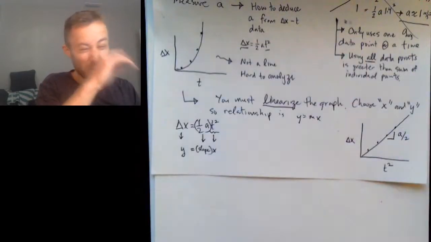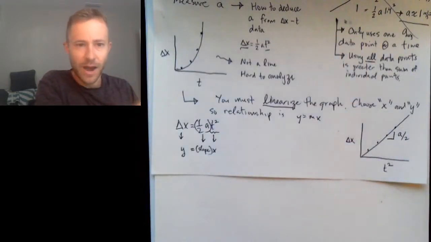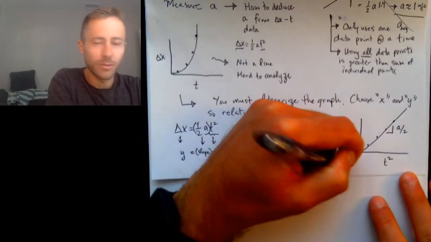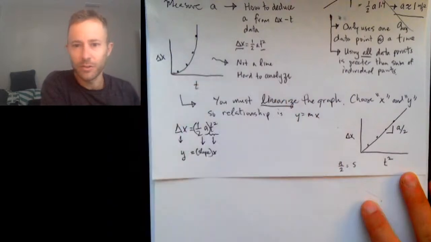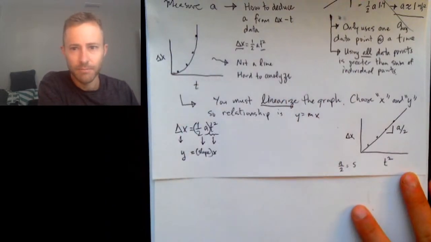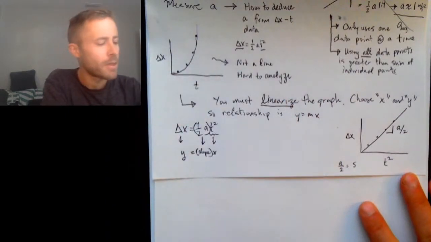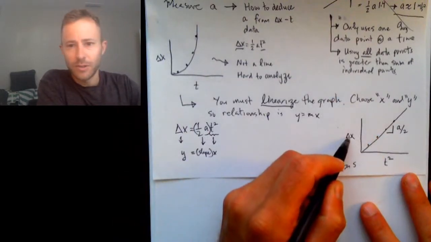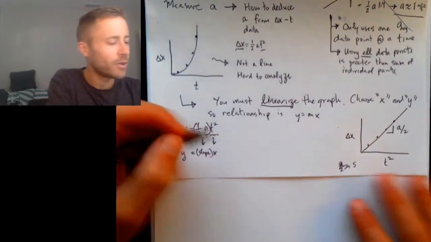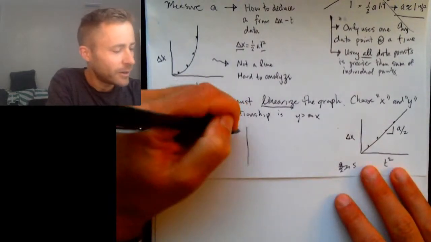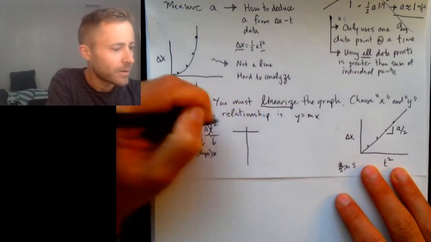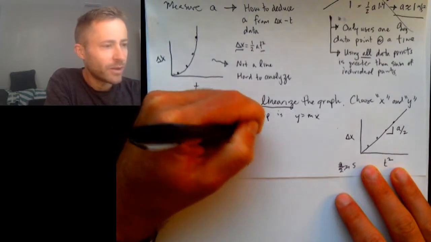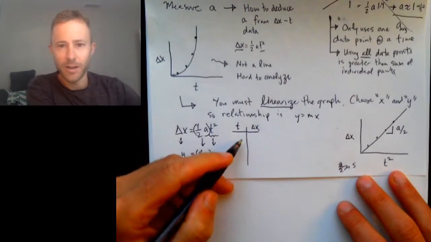So what if the slope was 5? Then I would say, well, a over 2 equals 5, so the acceleration must be 10. What does it mean to graph delta x versus t squared? I'm just going to make up a data table.